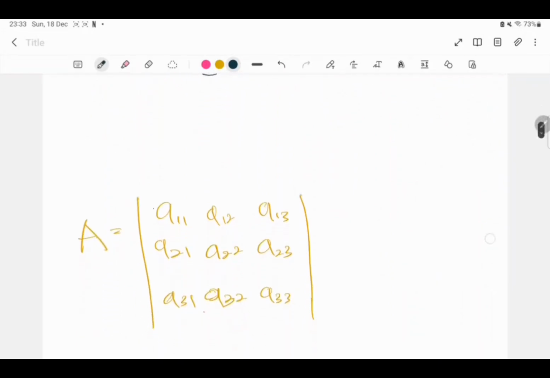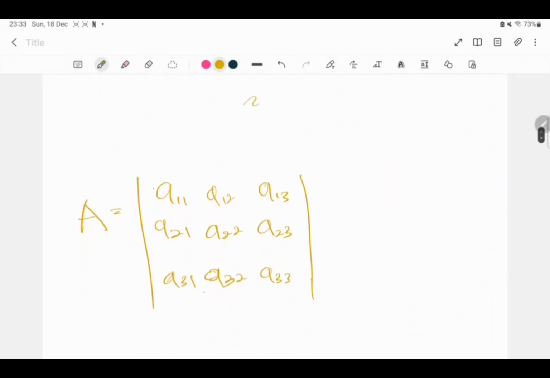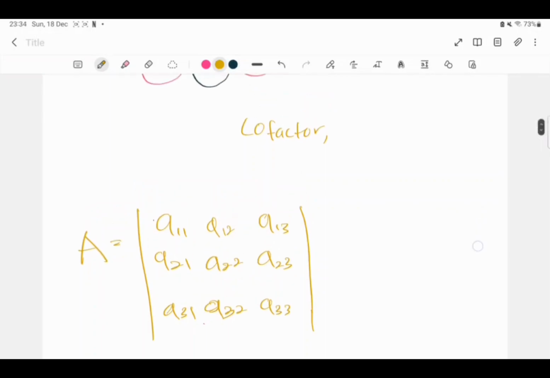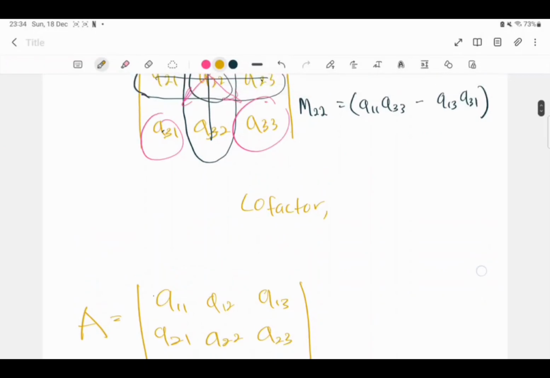We look at the cofactor after the minor. The cofactor has a relation between the minor and the matrix.